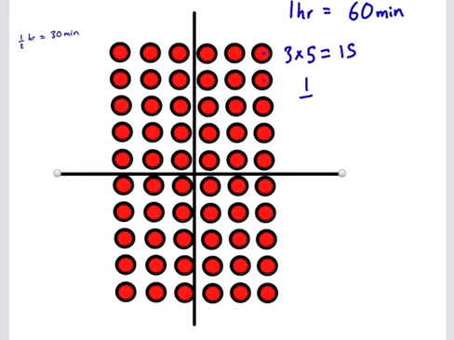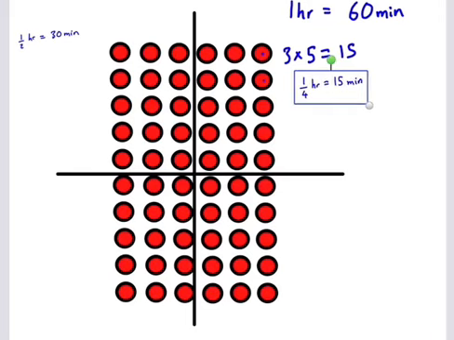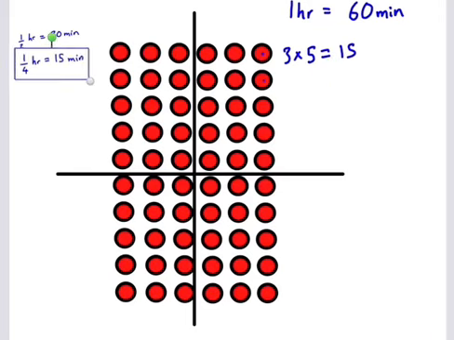So a quarter of an hour is 15 minutes. That's another useful number. If time was based on base 10, and we had to try and divide 10 into quarters, we'd have a bit of a problem. But 60 is a brilliant number.